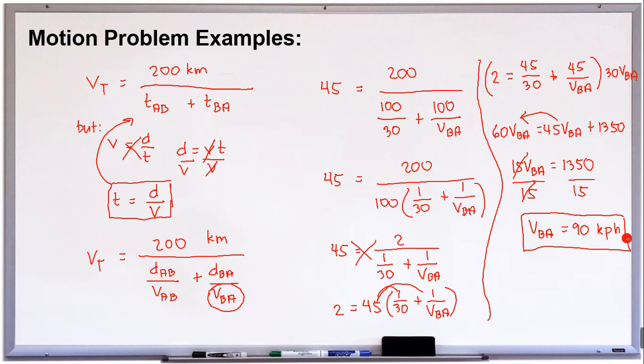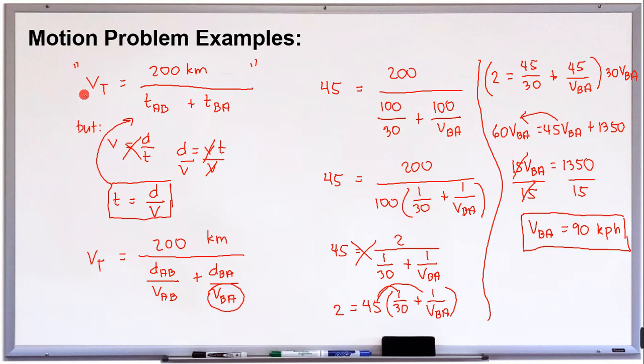Okay, so you can also check whether your units are consistent by performing the dimensional analysis, or dimensional check. So let's go back to our working equation right here for our average speed. On the left side, we have the average speed for the entire round trip.